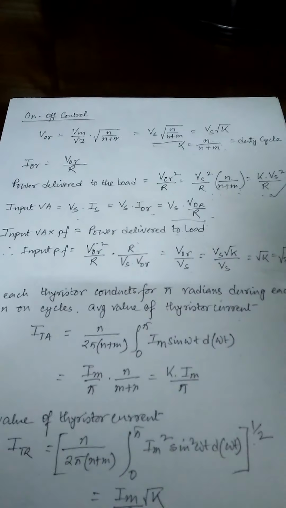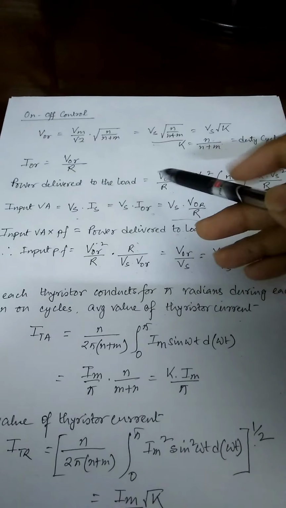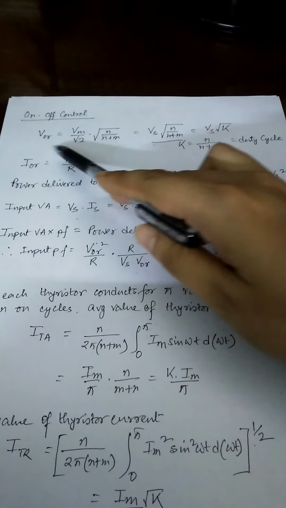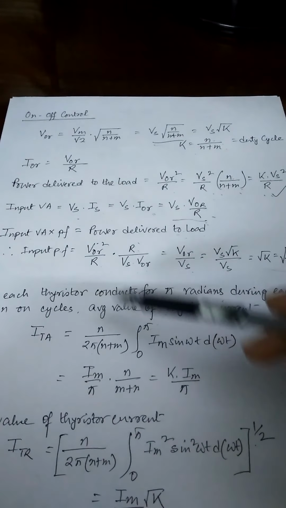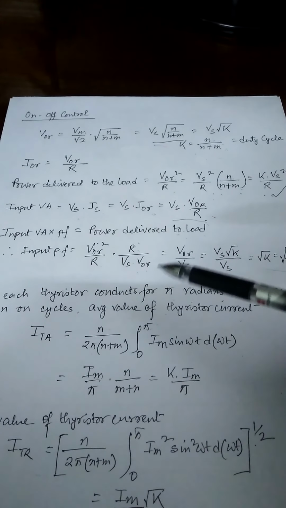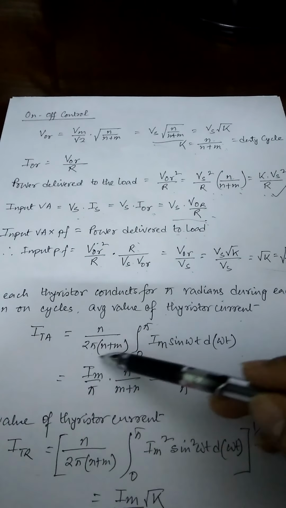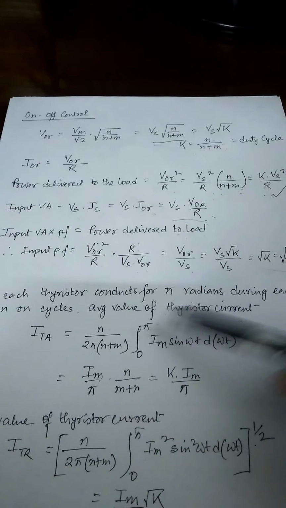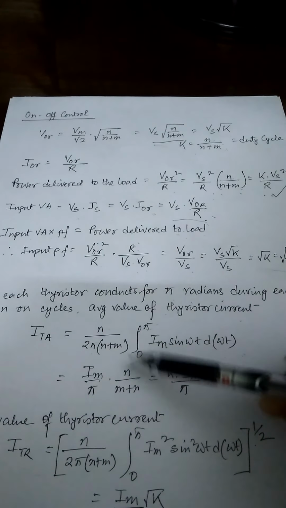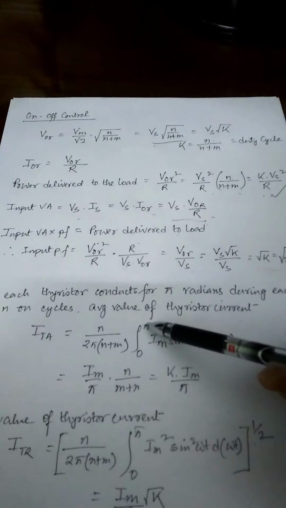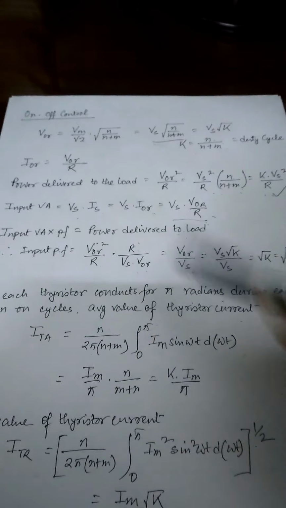Actually in our earlier class when we derived the voltage V0R, we also did this periodicity calculation. So that is n by 2 pi into n plus m, 0 to pi Im sin omega t d omega t, 0 to pi because up to pi radians the thyristor is in conducting mode.